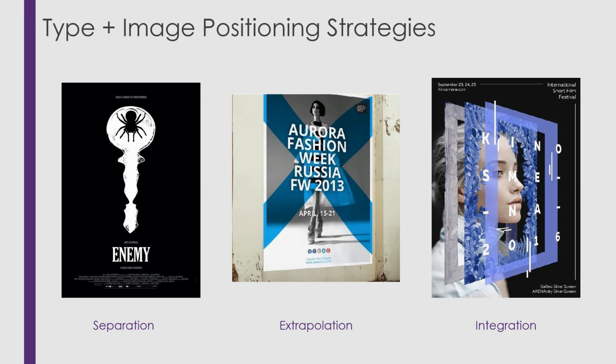The text is at the same perspective skew as those blue rectangles, and they're all on top of the photograph of the person, and it's all very surreal, but all very much one single design unit. So you can really see how that has a different aesthetic than the center option of extrapolation, where the text is really just placed on top of a photograph.